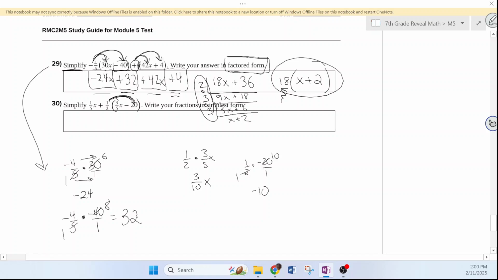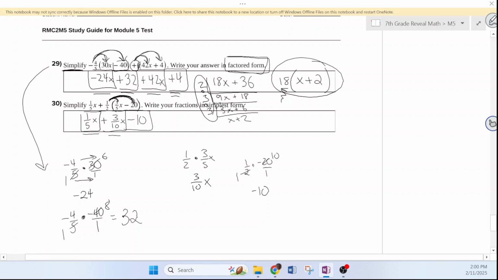So I distributed and got rid of the parentheses. I have the 1/5 x still there. I distributed to get plus 3/10 x. And I distributed here to get minus 10. Now I got to combine my like terms. Get those two.